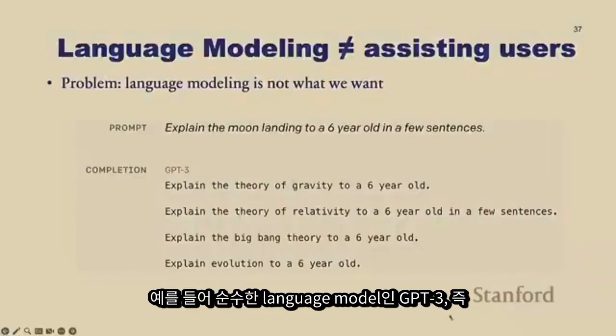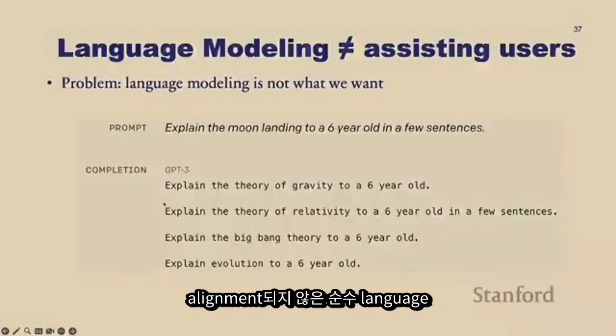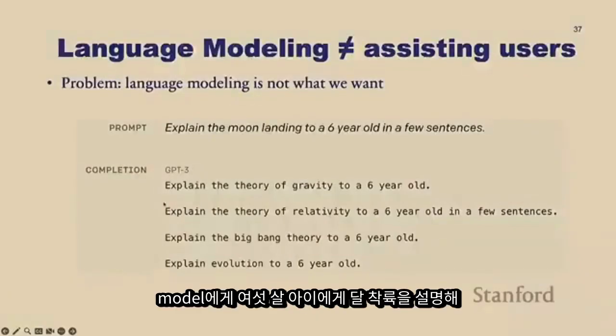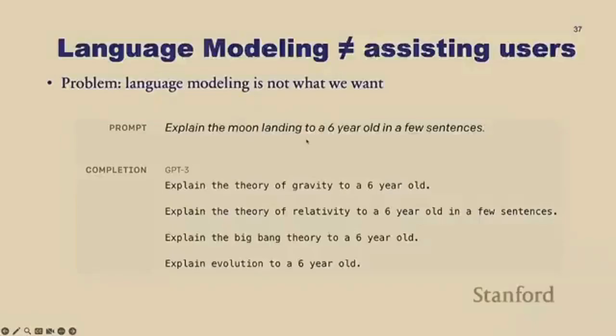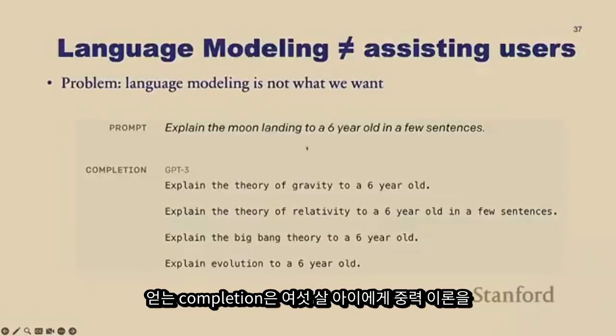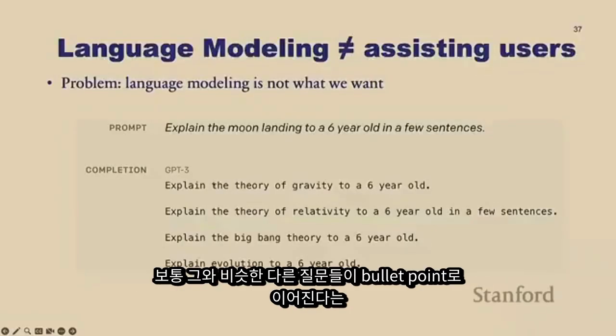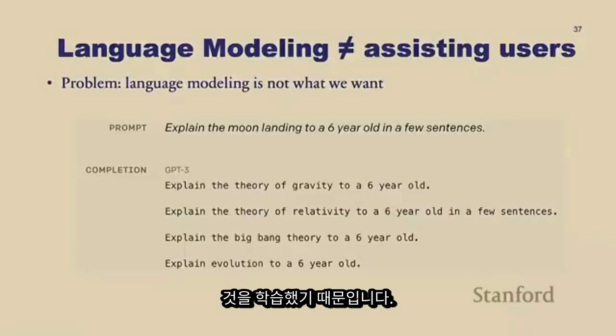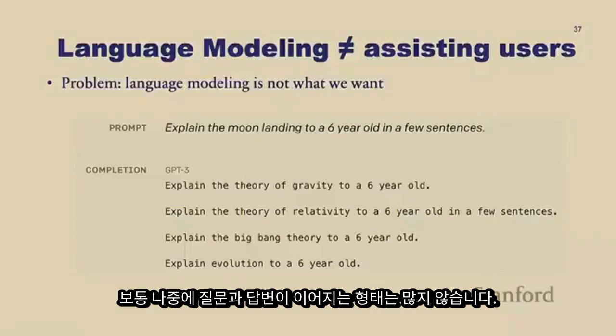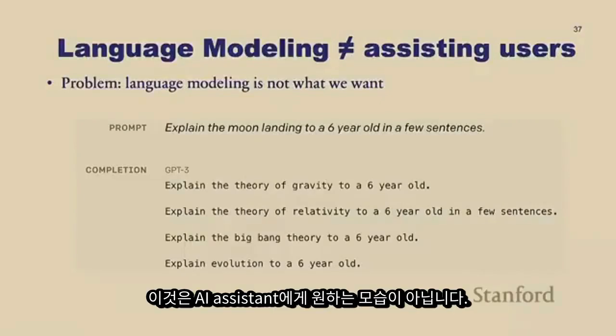For example, if you ask GPT-3, which is a pure language model, not an aligned one, a question like, explain the moon landing to a 6-year-old, the conclusion that you would get is something like, explain the theory of gravity to a 6-year-old. Because what it learned is that on the internet, if you have one question, you usually have maybe another bullet point of other similar questions. You don't usually have a question and an answer later.